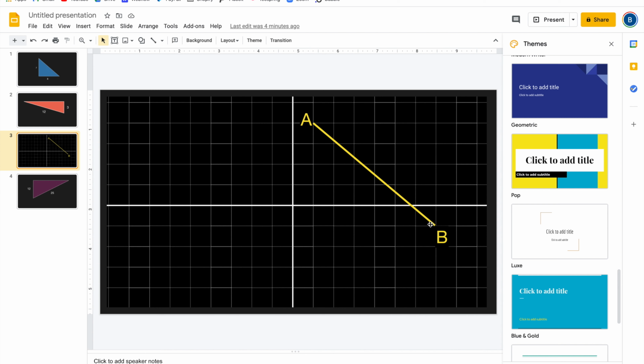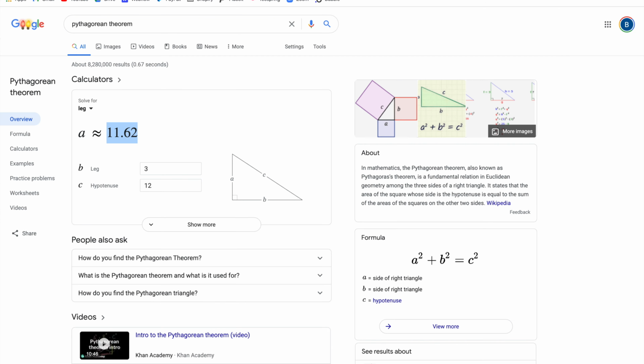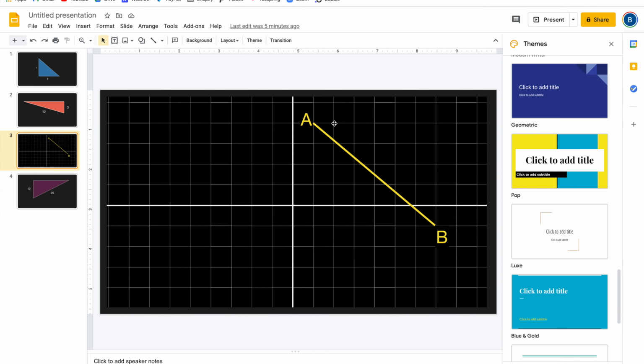And again, on this one, because it's going through the squares and not over and up, it's always going to be the hypotenuse. So we're 5 down on the first leg, and 6 over on the second leg. So let's get in there. We're solving for hypotenuse, and our legs were 5 and 6. So our hypotenuse, our distance from A to B, is 7.81. So again, 7.81 from here to here.